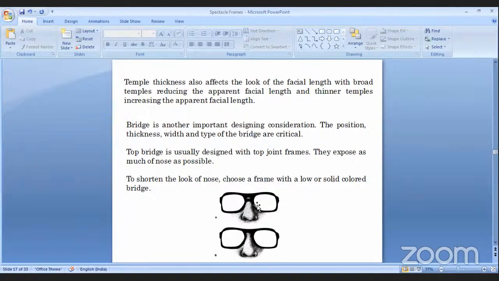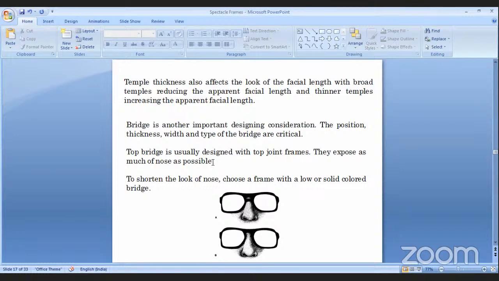You can see in this picture, the top picture A shows the saddle bridge, and picture B shows the keyhole bridge. Now in keyhole bridge, the contact is at these 2 points only, whereas in saddle bridge, the contact is all across the nose area, at the top of the nose, at the nasal flanks also.